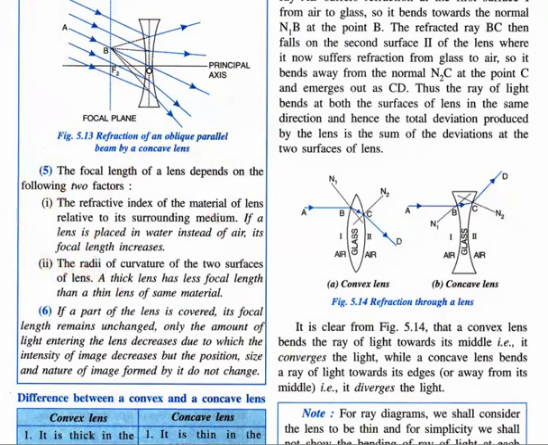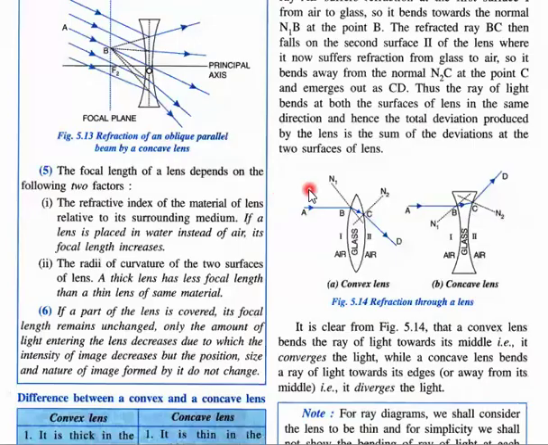So here you have to remember the fifth point, second sub point, that is the radii of curvature of the two surfaces of the lens. The thick lens has less focal length than the thin lens of the same material. Others you can go through, it's all about the lenses, the diverging, the converging, and all about lenses again.